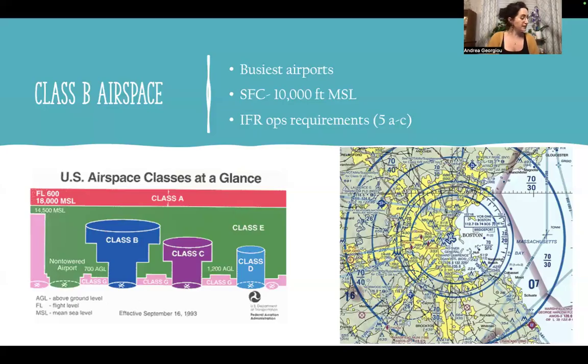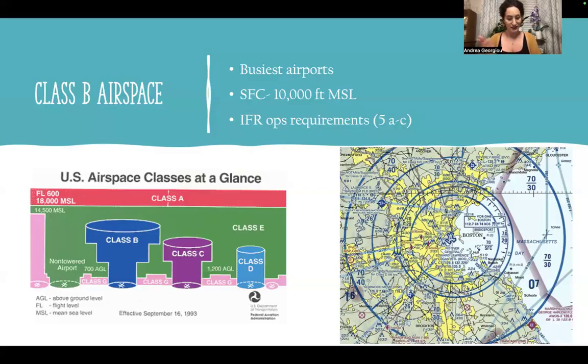Now, think of it as these are like the crazy busiest airports in the nation. Number two says, no person may take off or land a civil aircraft at the following primary airports within Class Bravo airspace unless the pilot in command holds at least a private pilot certificate, which would exclude student pilots from flying into their airspace.